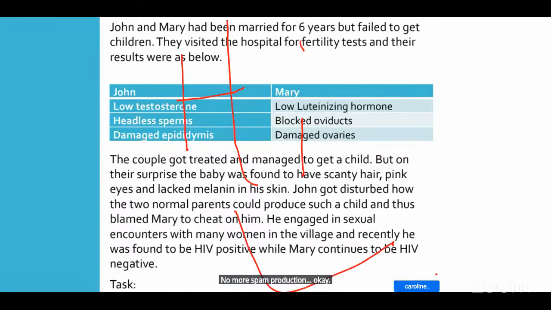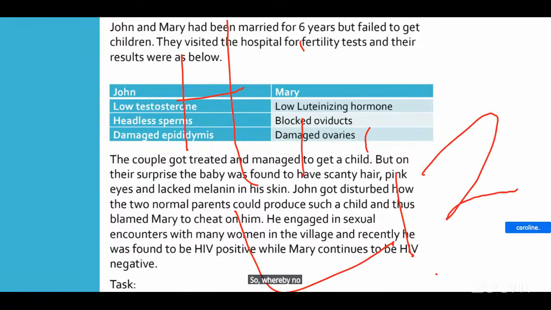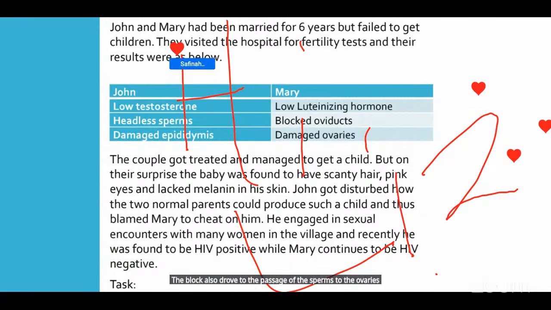Low levels can reduce the number of sperm produced. The blocked oviducts block the passage of the sperms to the ovum, hence fertilization could not take place.